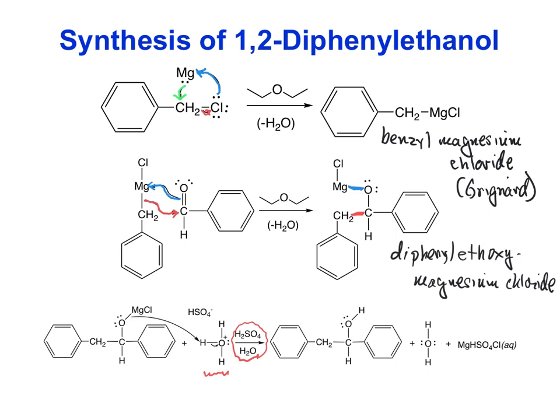So that alkoxide group acts as a base to deprotonate our hydronium ion. We end up with our product, in a solution of a magnesium bisulfate chloride salt. All this is soluble in the water.